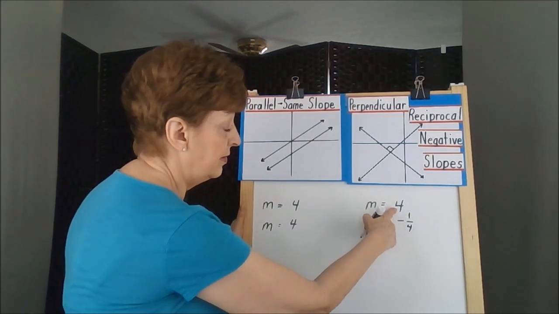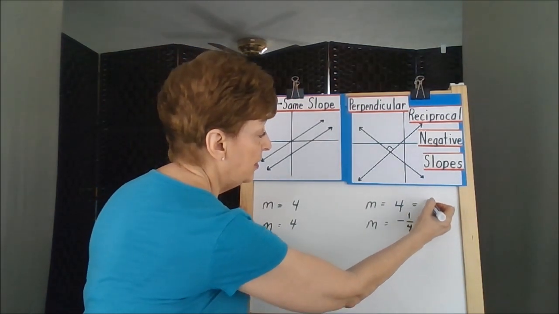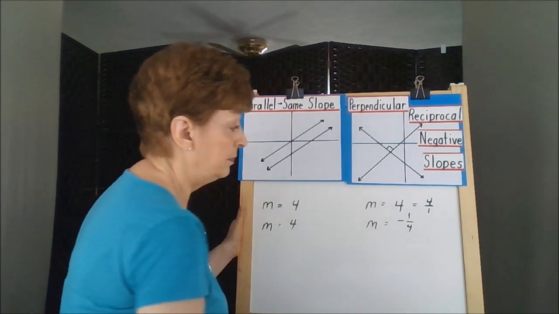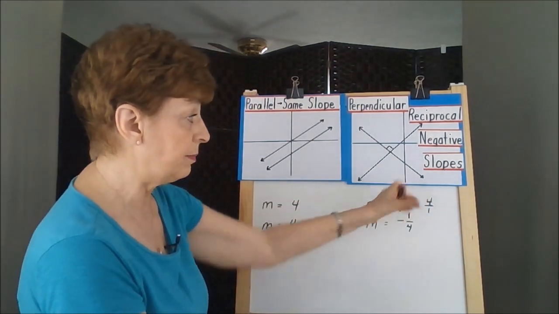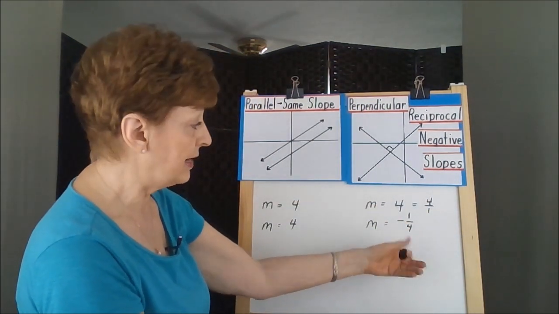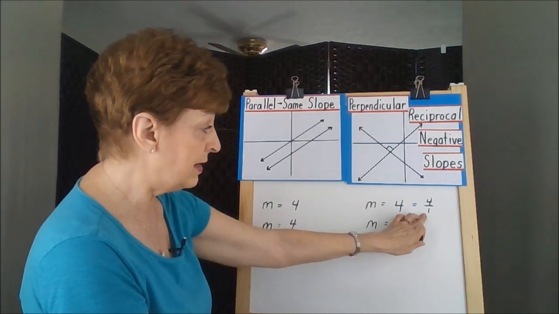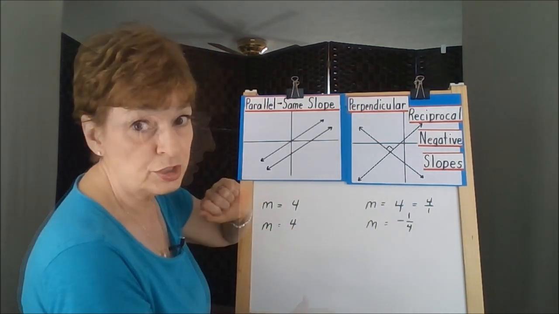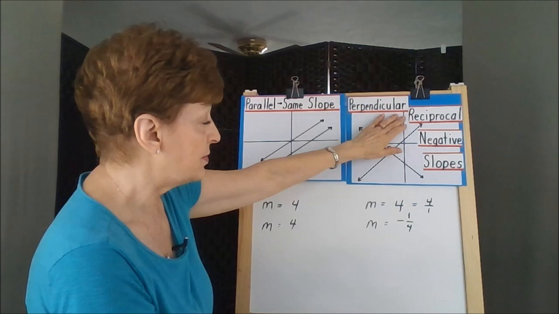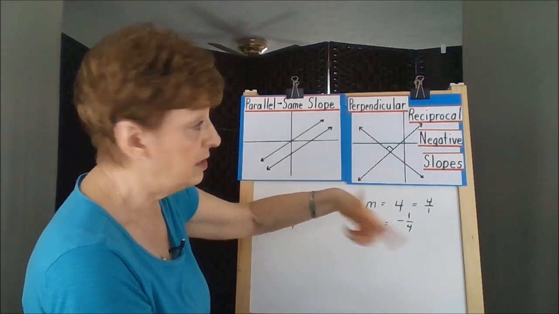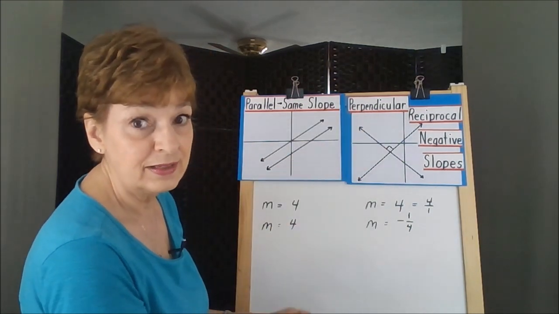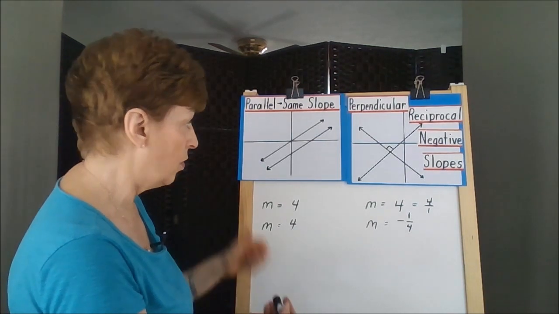If we put the 4 into a fraction, you'd see it like this. So do you see how it's flipped? It's the reciprocal, and one is positive and one is negative. That's referred to as reciprocal. They're flipped, and one's negative. Flip it and negate one of them.